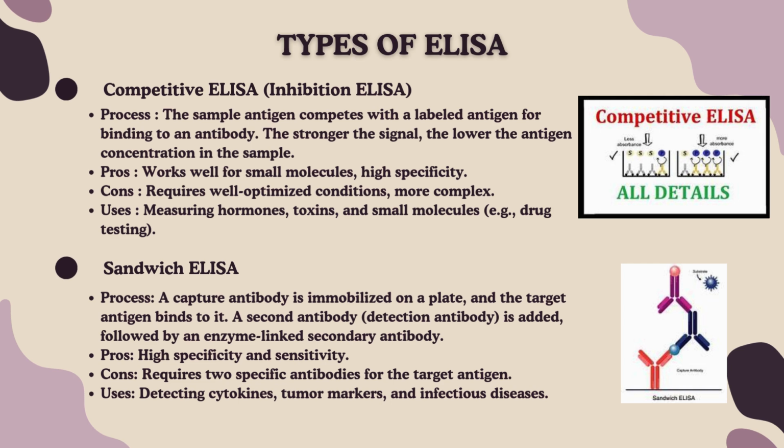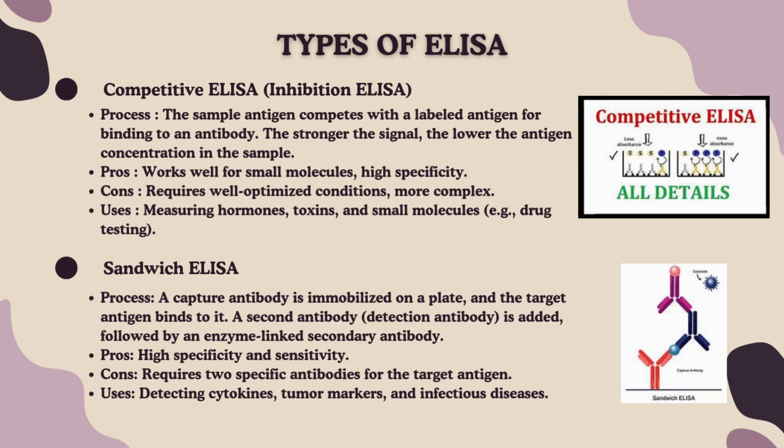The pros for this type are that it works well for small molecules and has high specificity. The cons for this type are that it requires well-optimized conditions and is more complex. The uses for competitive ELISA are measuring hormones, toxins, and small molecules, for example drug testing.